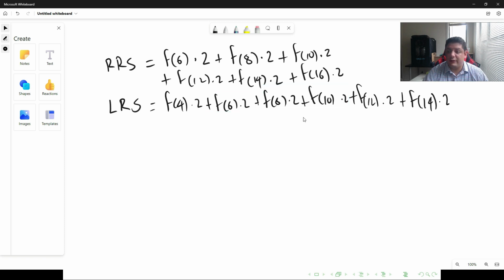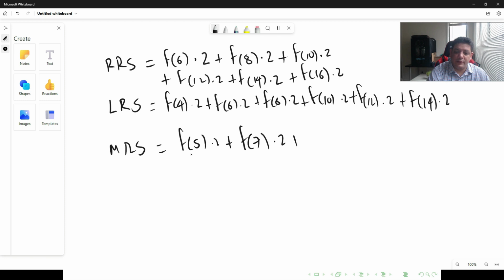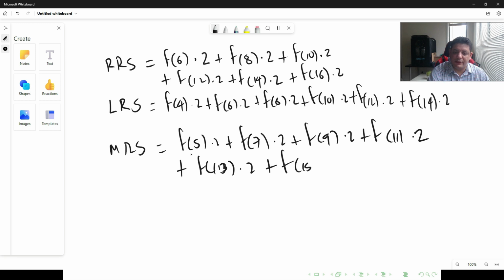Of course, in this case, it's just 6, so it's not a big deal to make each of the cases. I can even do the middle Riemann sum. So I can go f of 5 times 2, f of 7 times 2, f of 9 times 2, f of 11 times 2, f of 13 times 2, and f of 15 times 2.